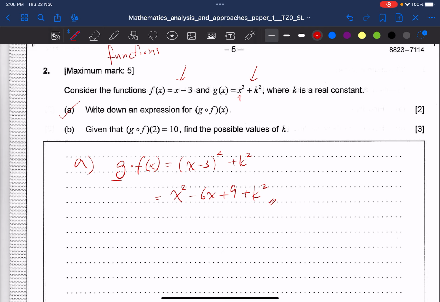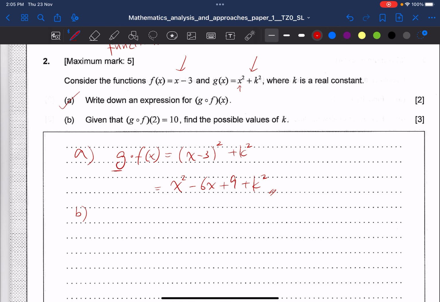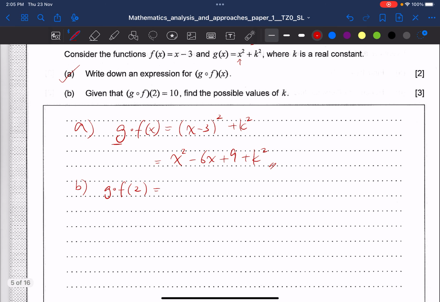Part B: given that g of f of 2 equals 10, find the possible values of k. Let's find g of f of 2 first. I have g of x in here, so we just plug in 2. This equals 10, as given. So 4 minus 12 plus 9, plus k squared is 10.